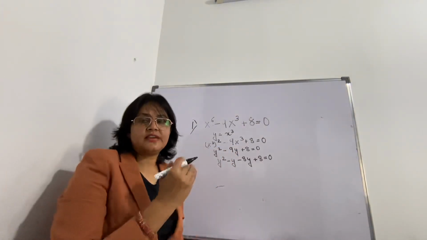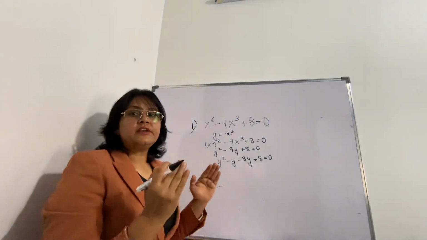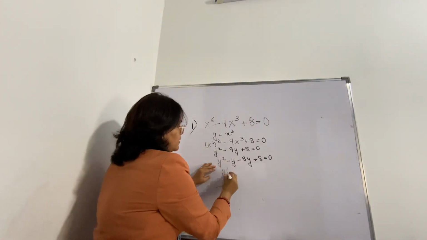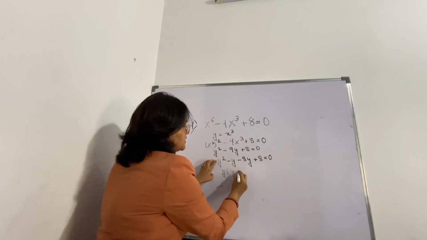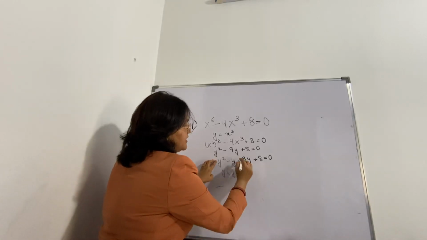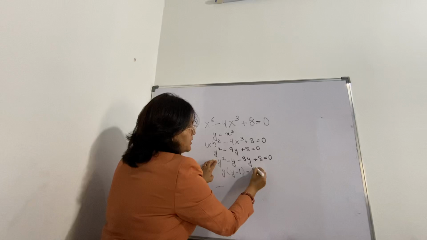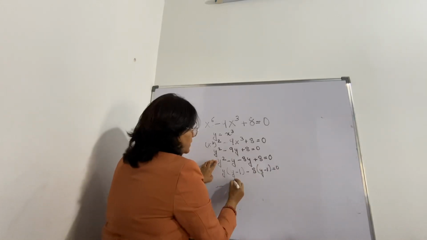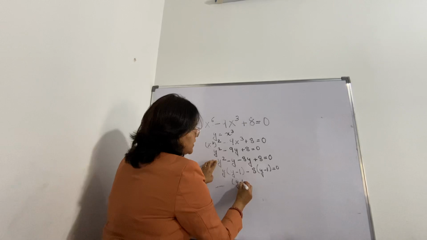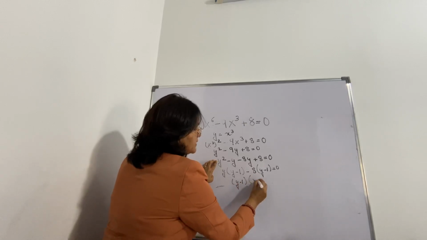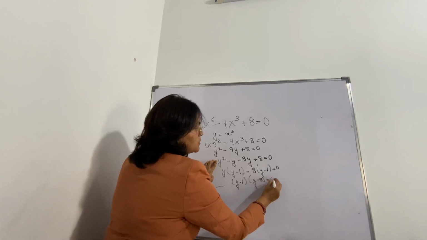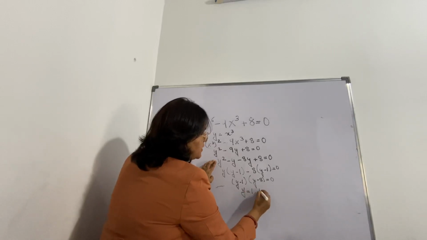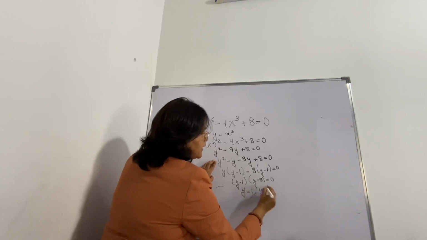Now, as we have substituted the value, we are going to write it the same way. Y, we will take common, y minus 1. Here we can take 8 common, y minus 1 is equal to 0. Now y minus 1, y minus 8 is equal to 0. So in one place y is equal to 1, in one place y is equal to 8.